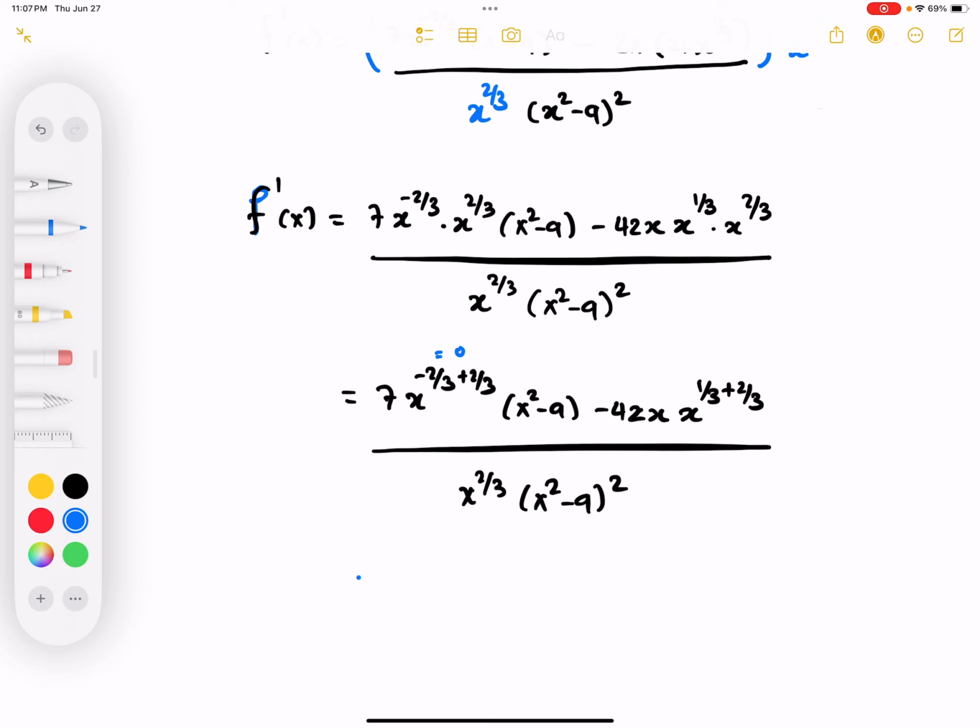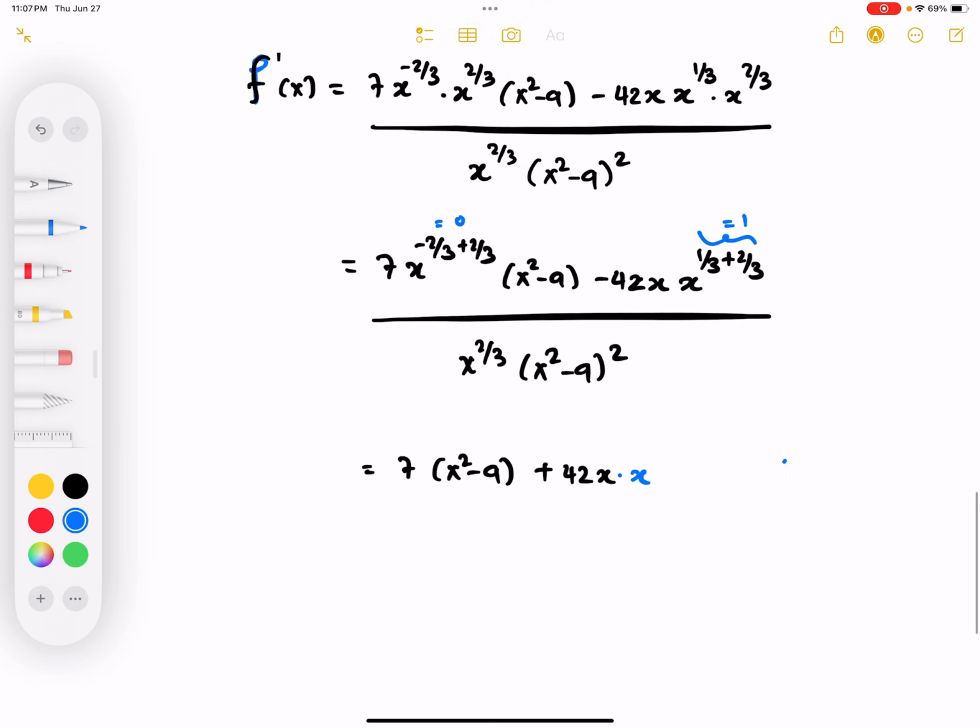Then it becomes 7 times (x squared minus 9). The second one is 42x times x^(1/3 plus 2/3), which is just x, over x^(2/3) times (x squared minus 9) the whole squared.